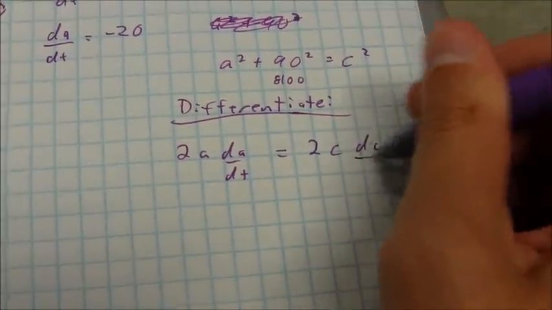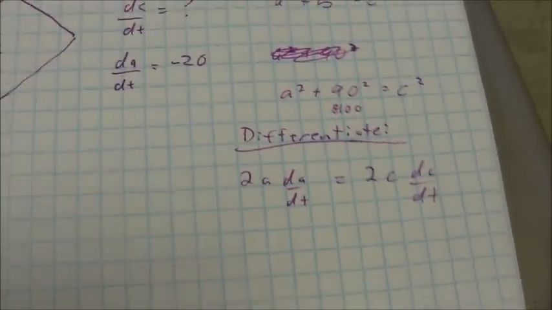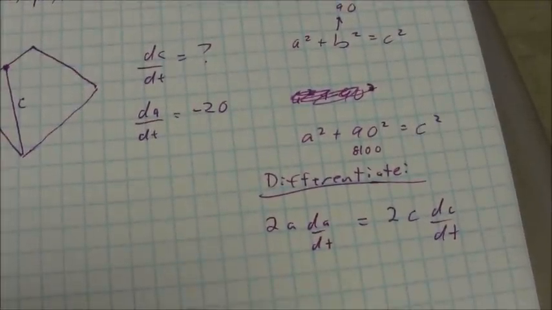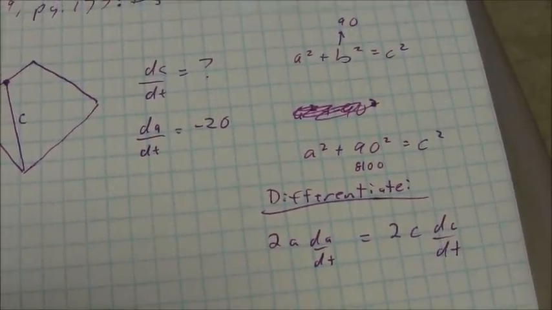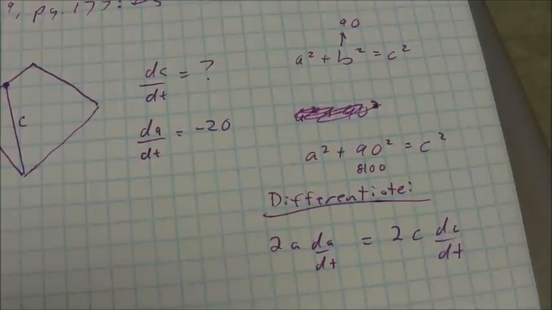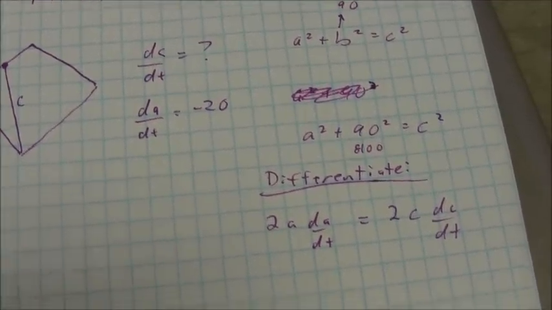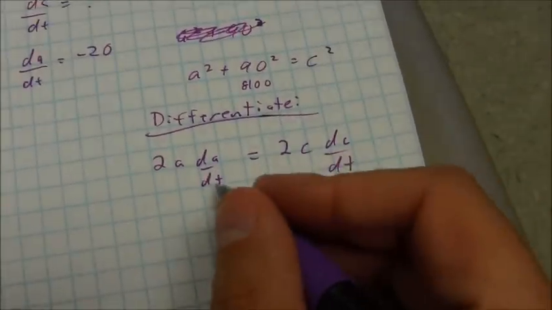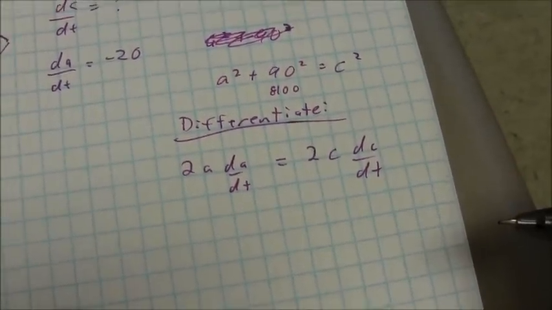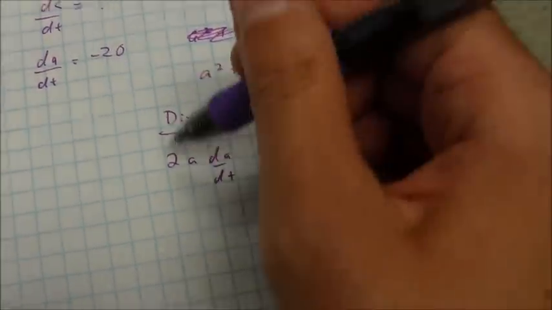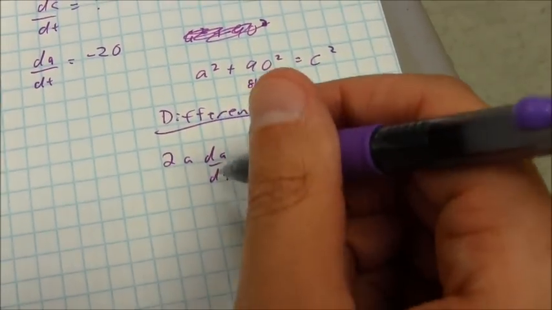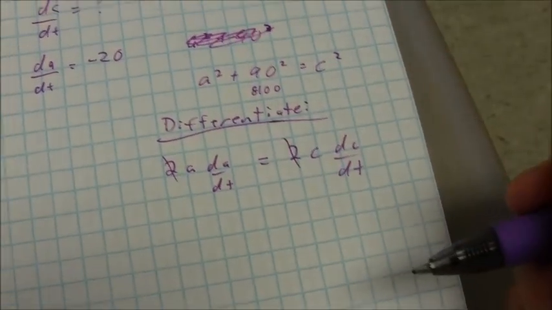That's 2C dC/dt. Now, always go back and check that the information you have matches up with the original problem. Notice there that I have a dC/dt that I'm looking for. I have a dA/dt that I was given in the original problem. And notice that my equation involves those values. Now, I can divide both sides by 2, and that's going to cancel out the 2's.